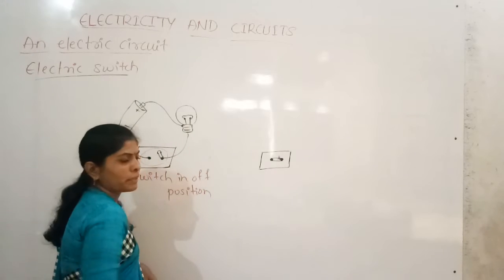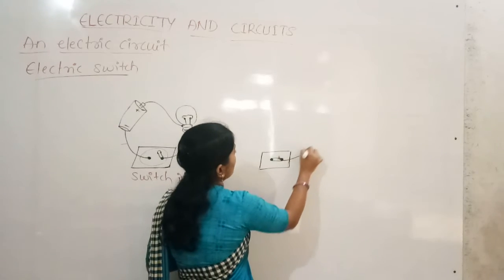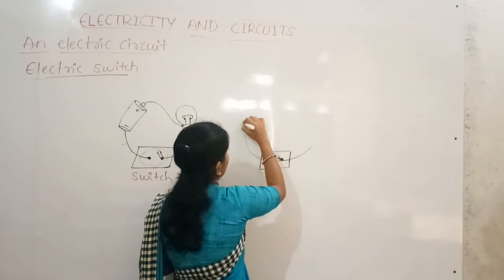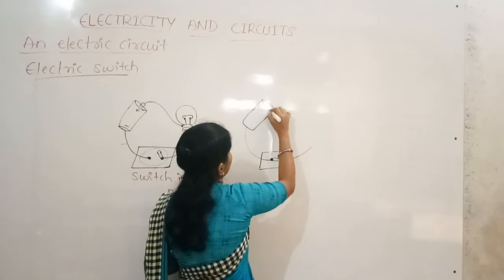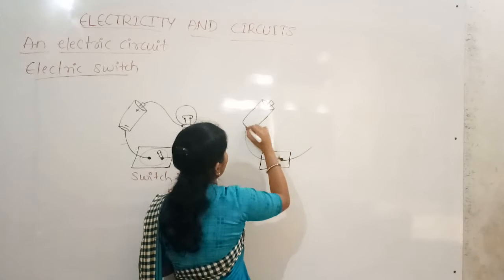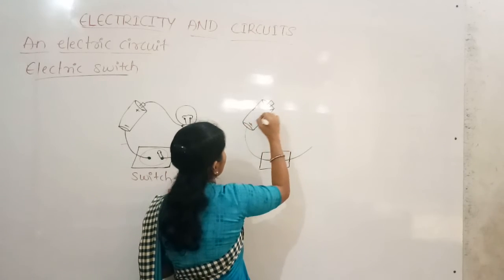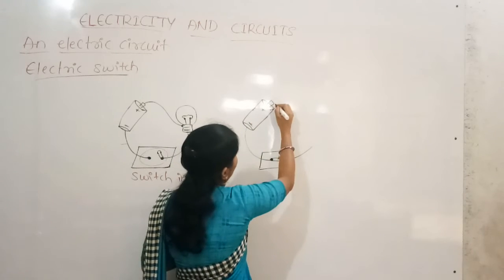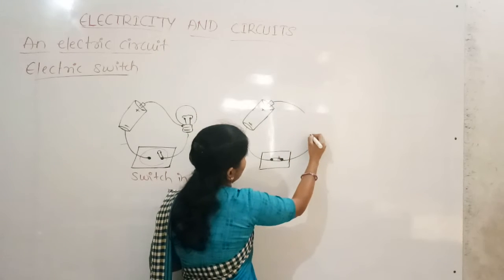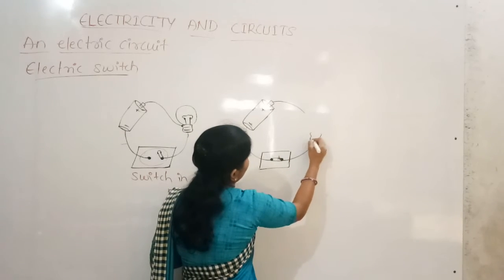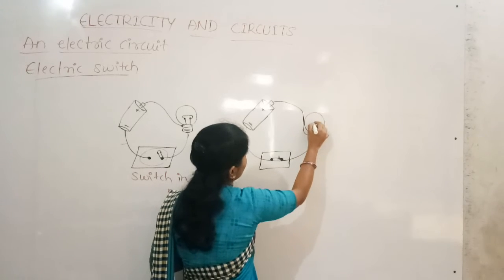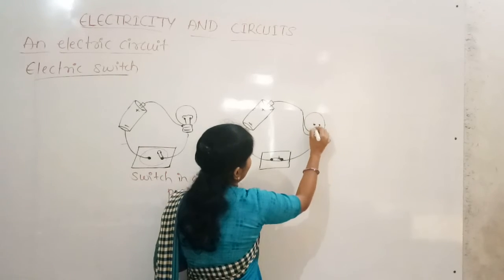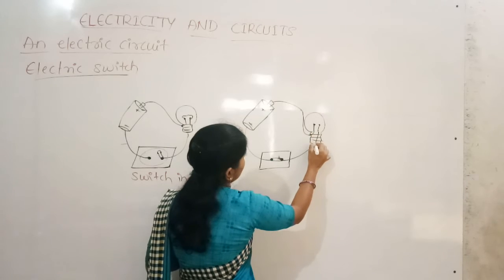The safety pin and the two wires are connected here, and here we have connected a cell. This is the negative terminal and this is the positive terminal, and again this is connected with an electric bulb. So here the filament will be there.